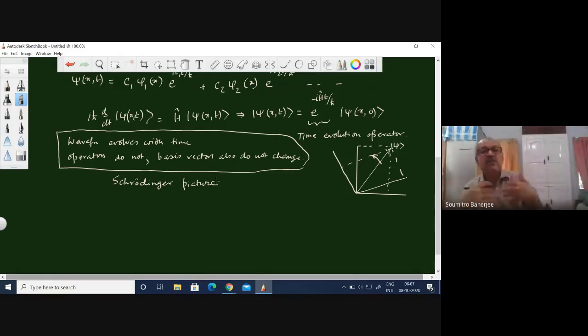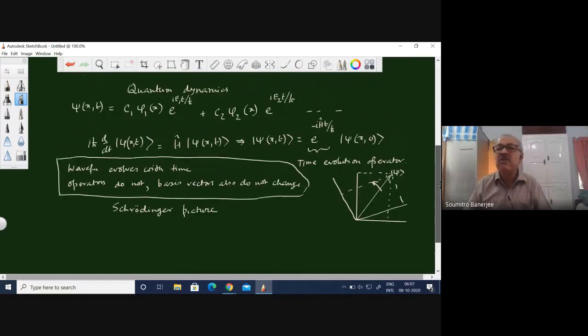Well, Heisenberg proposed another picture in which the opposite happens. The wave function stays put and the operators evolve. Operators means these are matrices. The matrix elements change with time. Okay, so let us now work that out.